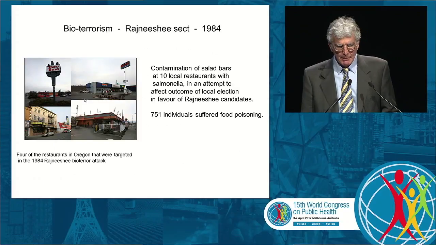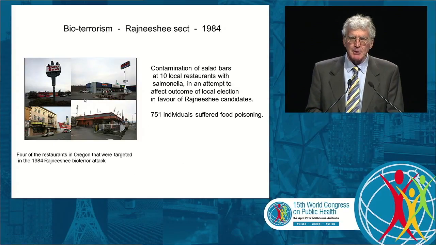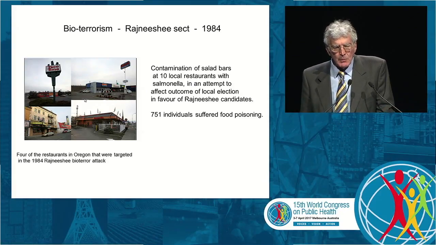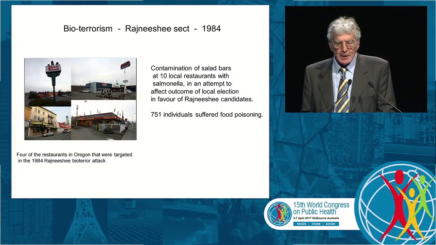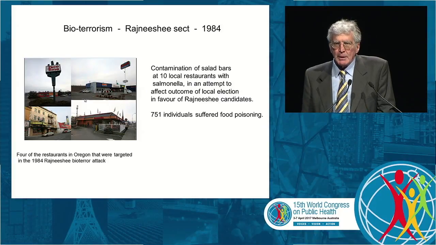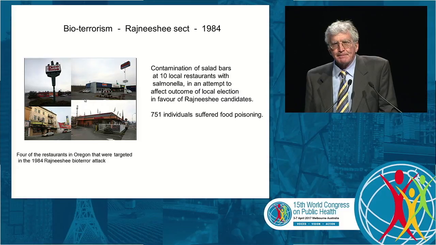But by this time, of course, there'd been increasing concerns about bioterrorism, which wasn't new in 2001. One of the early examples which people refer to was the use of salmonella in salad bars in Oregon in '84. And this was done by the Rajneeshee sect.